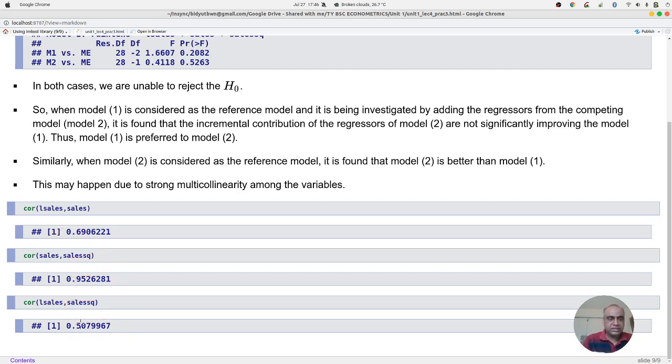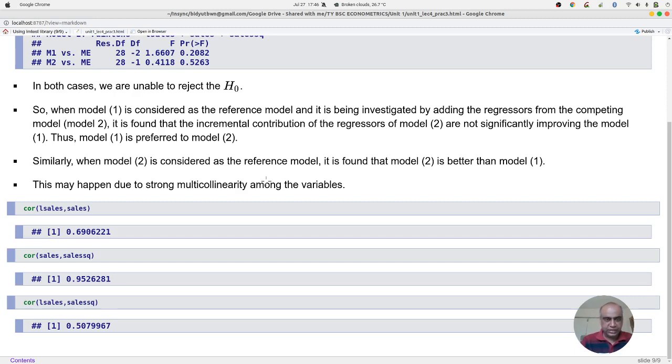That means in all the cases the correlation coefficients are coming out to be quite high, and probably this is the reason that we are not able to conclude whether model 1 or model 2 is our best model. So this may happen in the Encompass test.